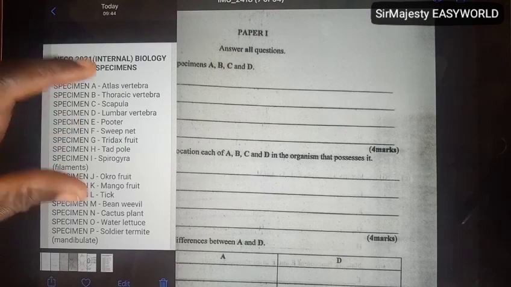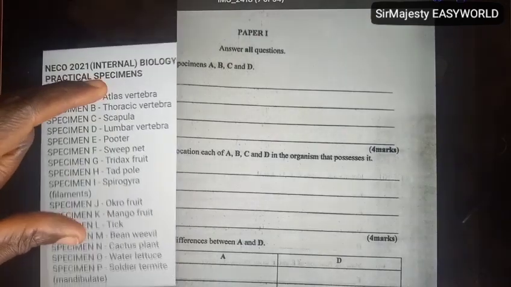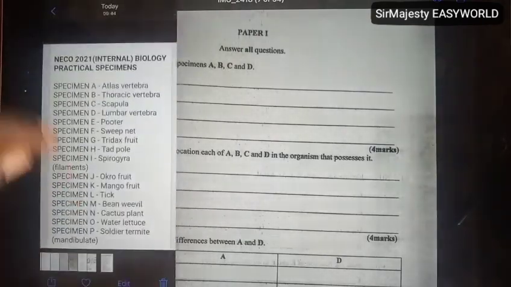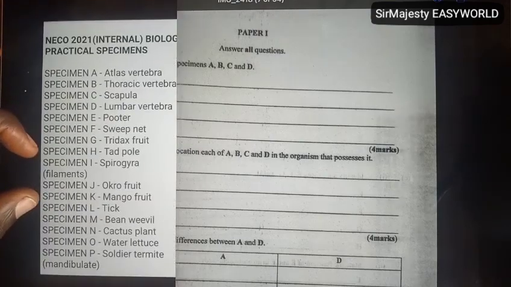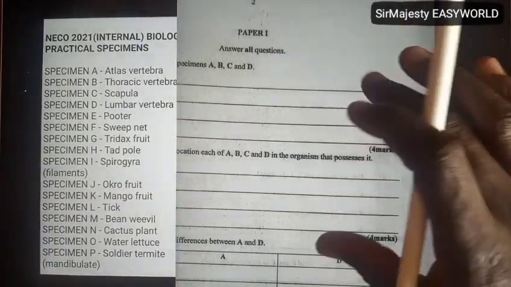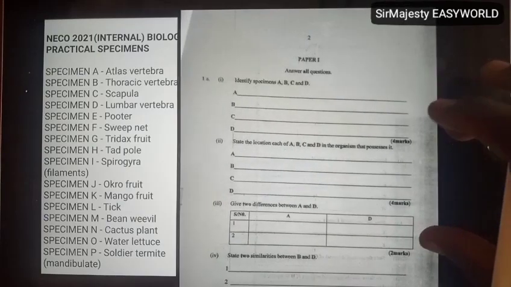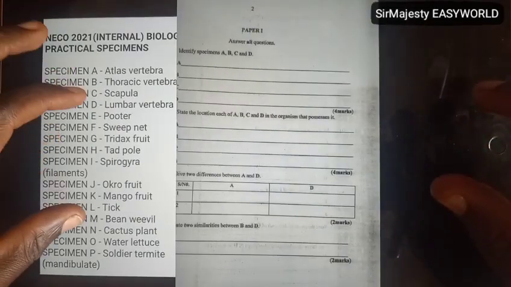You can see specimen A, it is quite well explained there. This is the list of the specimen, and here is the question paper as it was given to you. So we're gonna do justice to them.